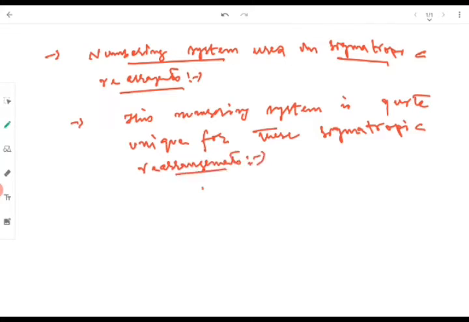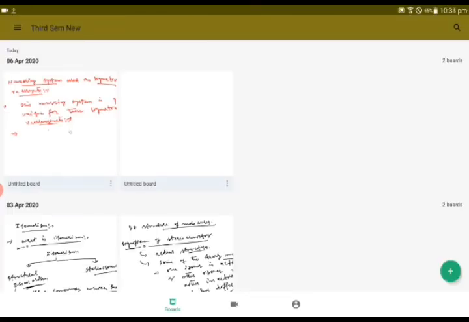You have to note down some points in order to understand this numbering system. So I'm describing how you can designate a particular kind of numbering system to a particular type of Sigmatropic rearrangement. So here we go.